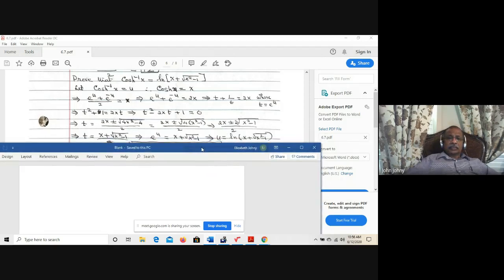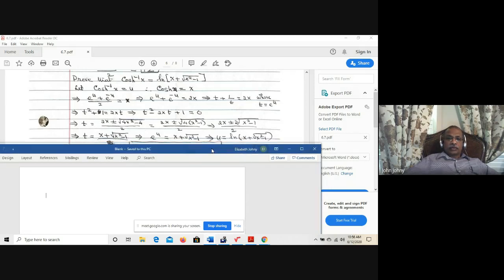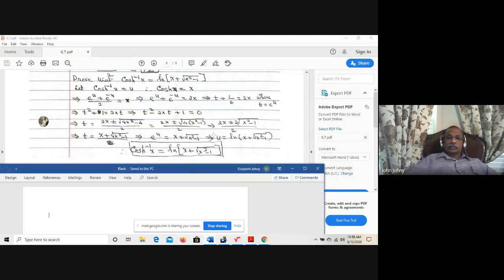The 2 cancels. t is equal to x plus the square root of x squared minus 1. But t is e to the u. So e to the u is x plus the square root of x squared minus 1. So u is the natural log of x plus the square root of x squared minus 1. And what is u? u is cosech inverse x. So cosech inverse x is the natural log of x plus the square root of x squared minus 1.